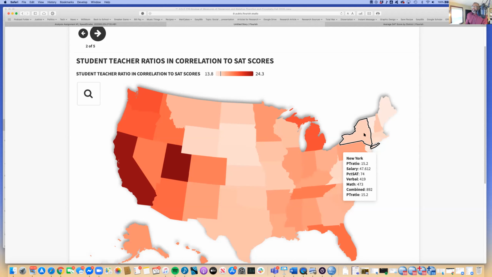But you may end up putting together a model that doesn't prove that any of the variables you have identified have a huge impact. It may only explain 20 or 25% of the variance in SAT scores, at which point you have to ask yourself as a researcher, are there other variables not captured in this data set that are having an impact on SAT scores? I can guarantee you, in New York, there are probably a lot of other factors influencing SAT scores, and probably in other places as well.